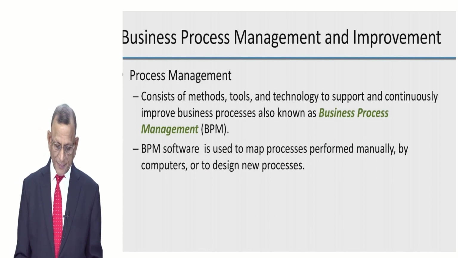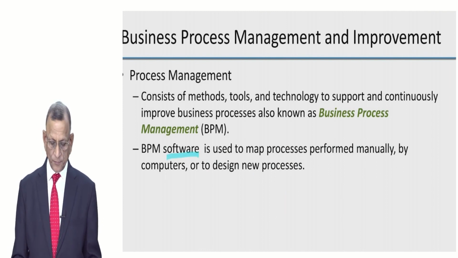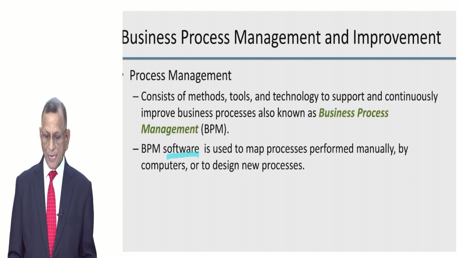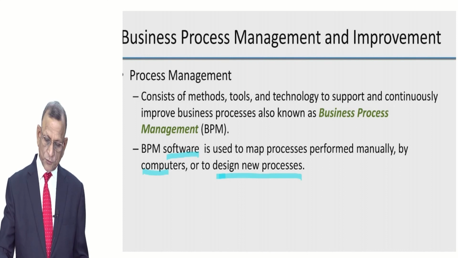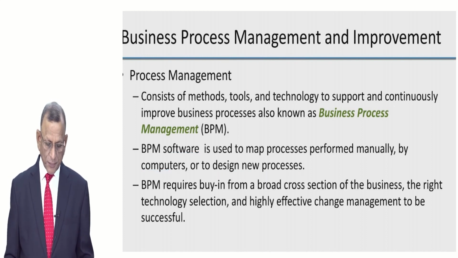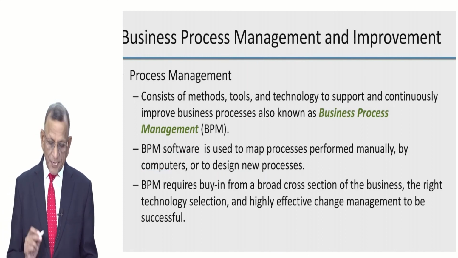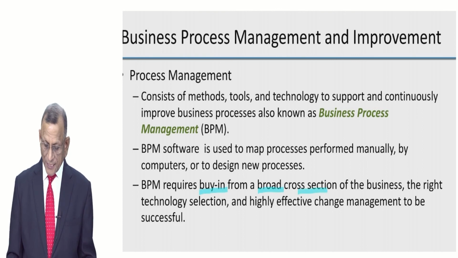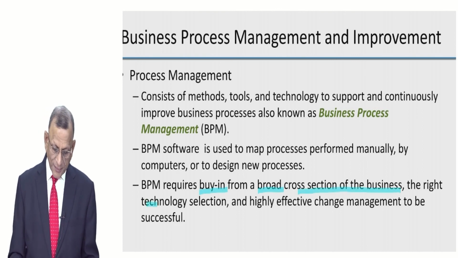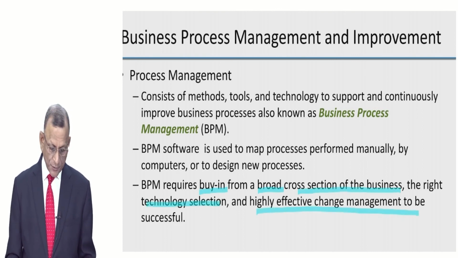Business process management can be done with the help of software also. It is used to map processes performed manually by computers or to design new processes. So we have software also for business process management. BPM requires buy-in from the board, a cross-section of the business, the right technology selection and highly effective change management to be successful.